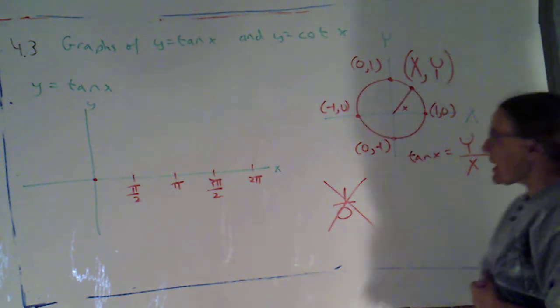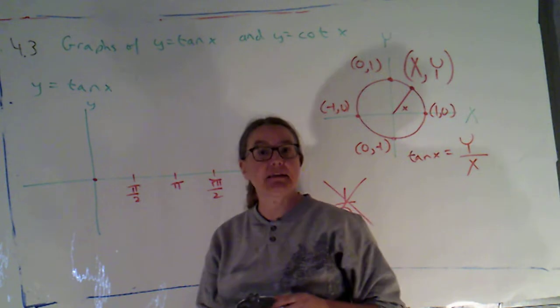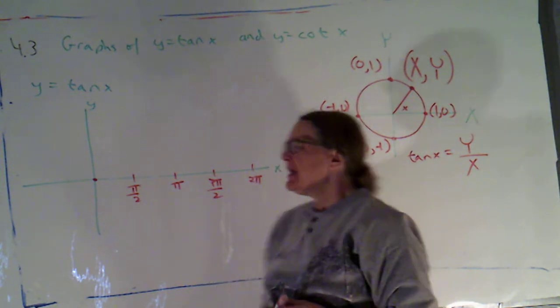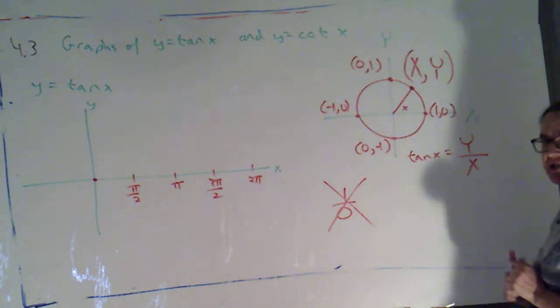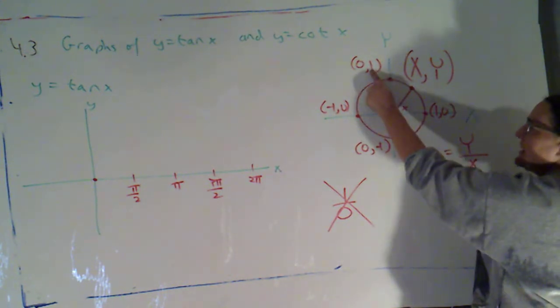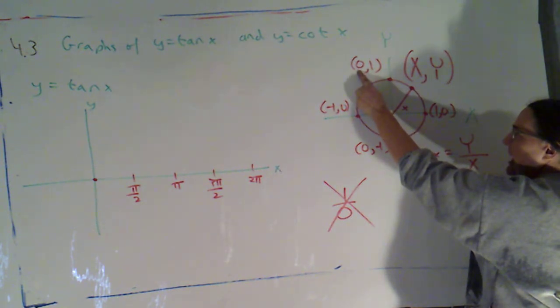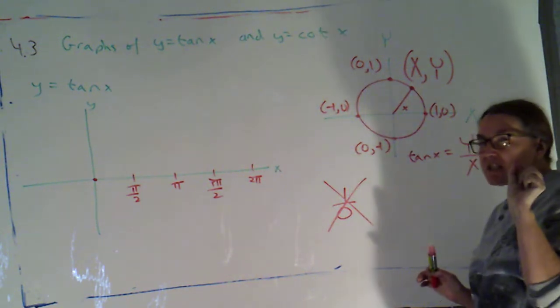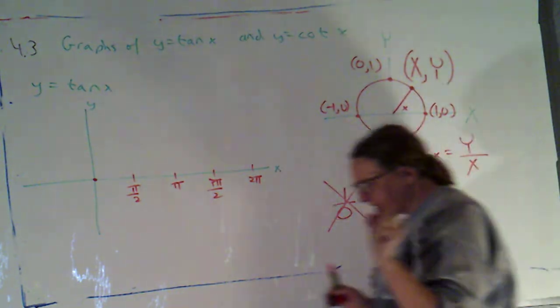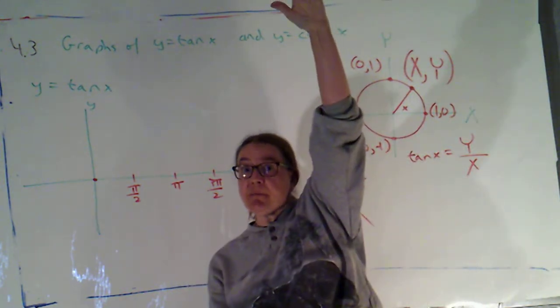Okay. So I know that there's not going to be a point on the graph anywhere where x is equal to pi over 2. But I want to figure out what happens close to there. So if I'm close to this point, my capital Y value is close to 1. My capital X value is just really, really small. Now what happens when I divide by something really, really small is I get something really, really big.